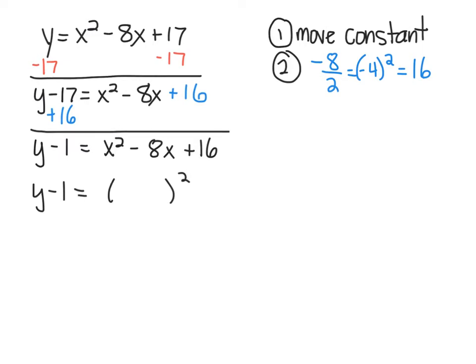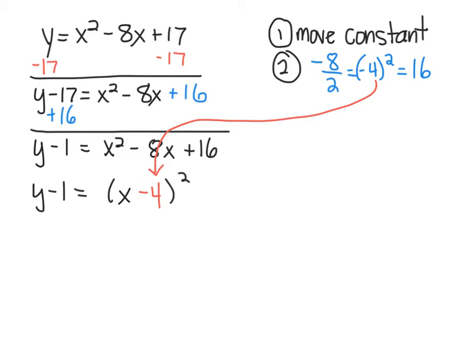I could actually factor this if I wanted to, split the middle and group, but what I know is that this -4 is what will fall right in here to create my binomial squared. So this -4 is going to drop right in there to create the binomial squared.